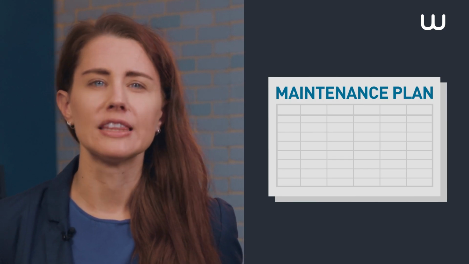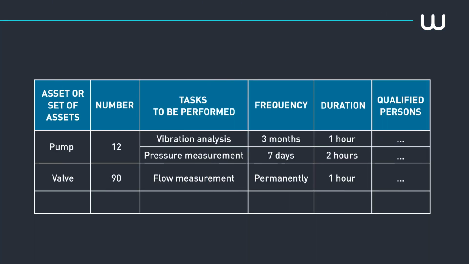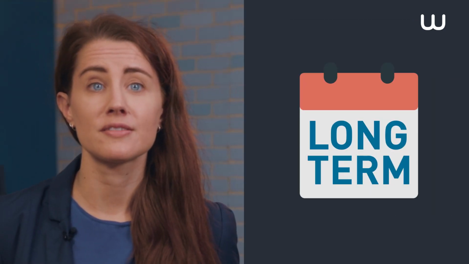For every activity listed in the maintenance plan, known as a maintenance task list, we indicate the asset or set of assets, the maintenance tasks to be performed, the frequency of realization of these tasks, based on a calendar schedule or based on the number of hours of operation with respect to the equipment concerned, the standard duration of the maintenance task, and the persons qualified to perform these tasks. Maintenance can consequently be planned on a long-term basis for all of the system's assets.